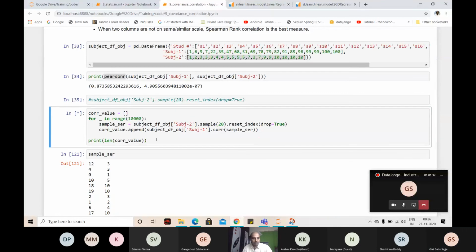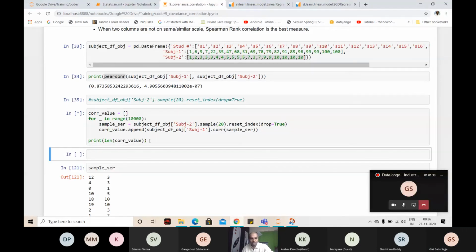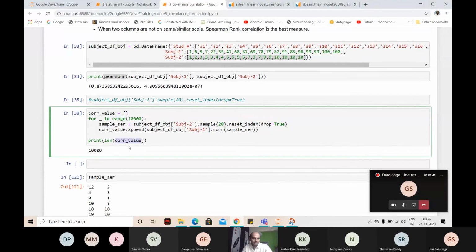Okay, so let me show you this. This is how I think you got this point. Let me try to create a series object.